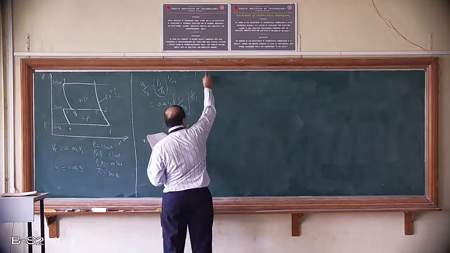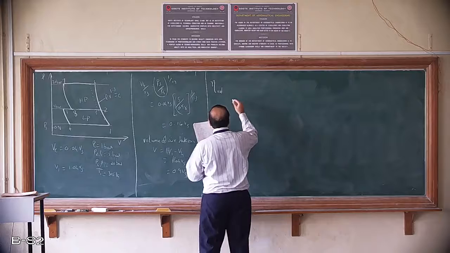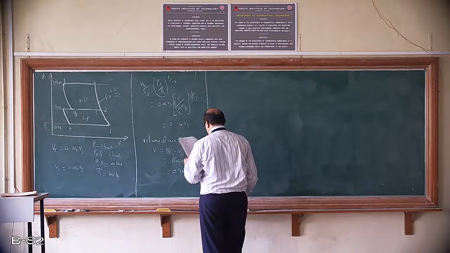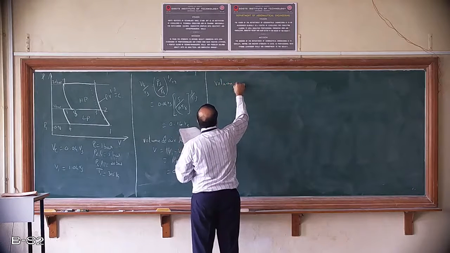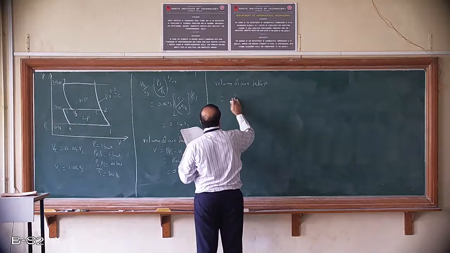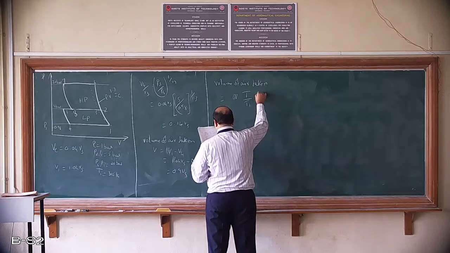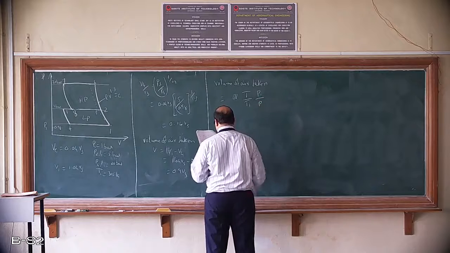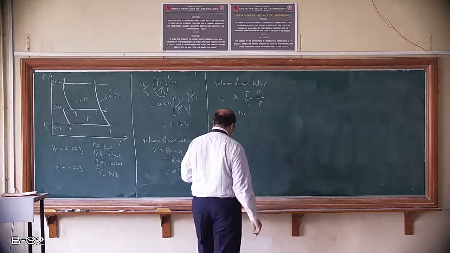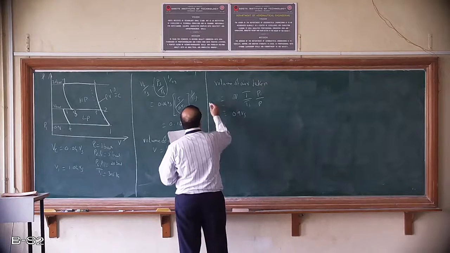What is volumetric efficiency? Before that, we'll calculate the volume of air taken, or you can say the free air delivered, which is V times T by T1 times P1 by P. So V is 0.9, which is V1 minus V4.